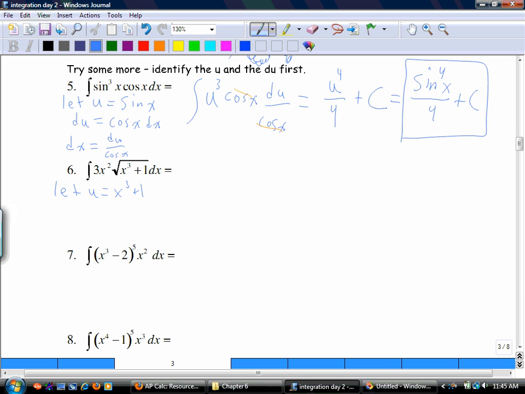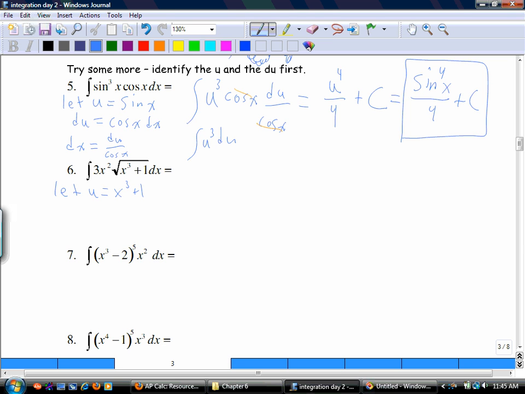This just means when I have the integral of u cubed du, do the integral of u cubed. Du tells me what my variable is. My variable is u.